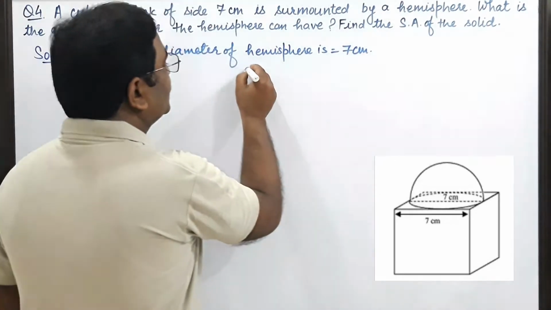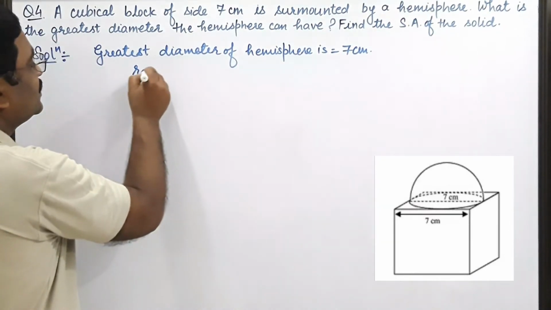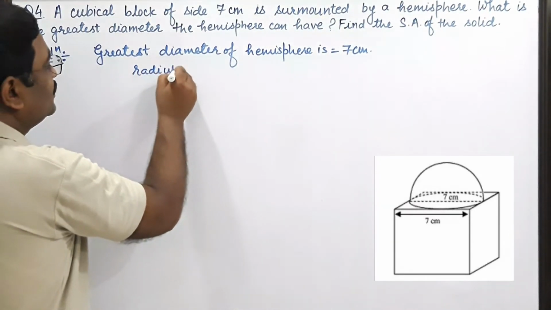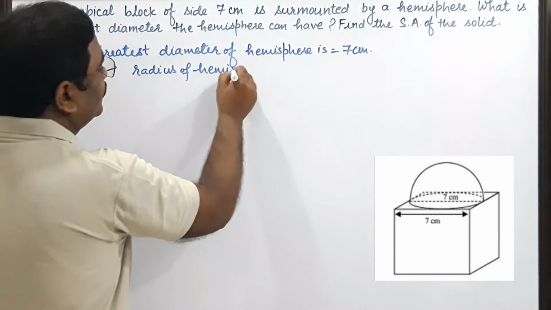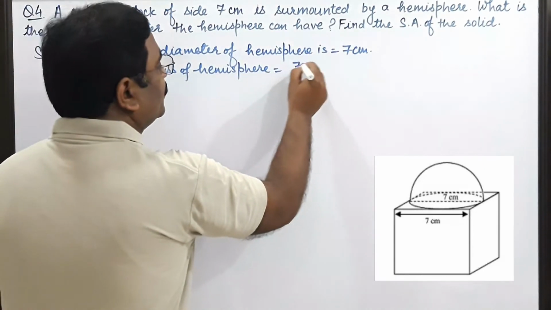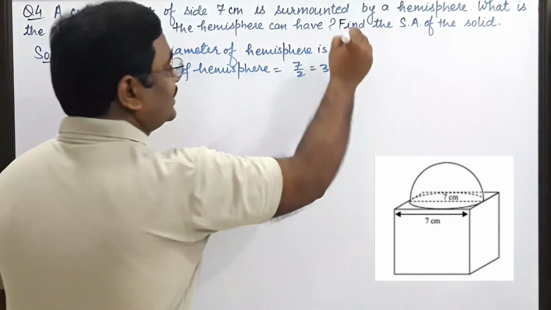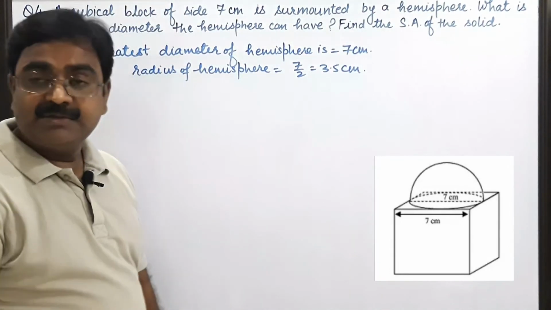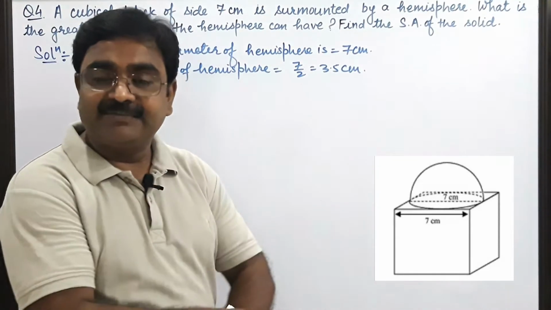So its radius will be: radius of hemisphere is equal to 7 upon 2, which is 3.5 centimeter, right?